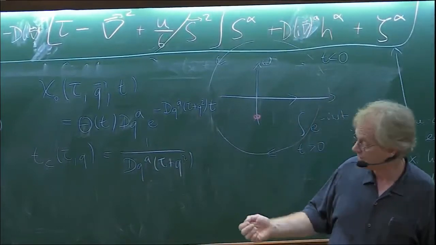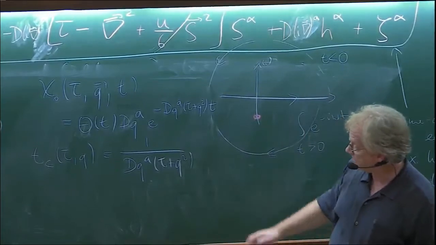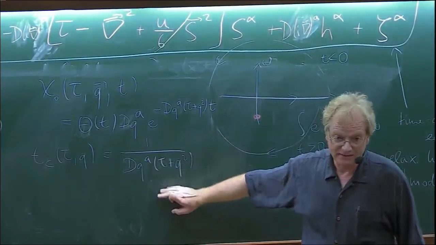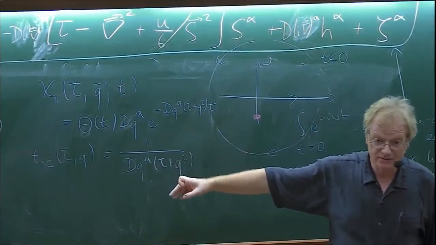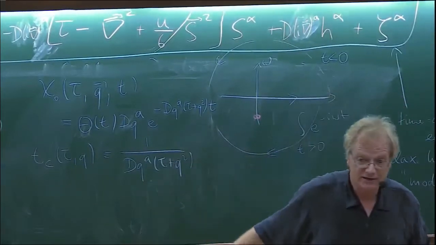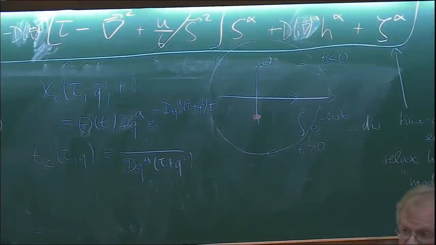So relaxation time does diverge as I go to tau equals 0. How does it diverge? Well, if tau is 0, I get 1 over d q squared. That's the dynamic exponent, q squared. So a fixed constant relaxation rate is transformed into something that's basically diffusive.